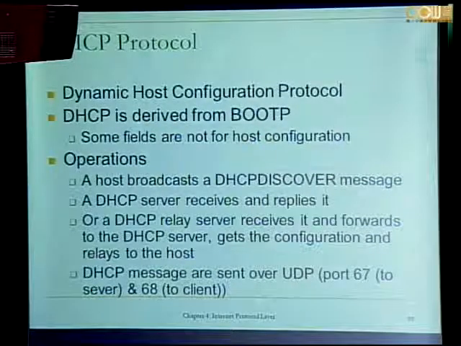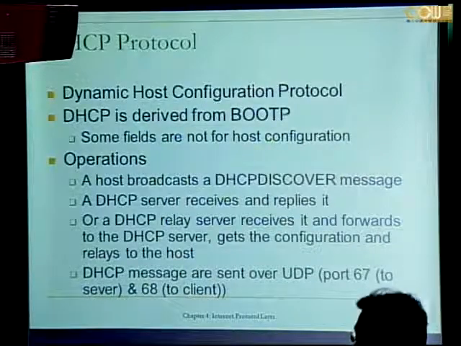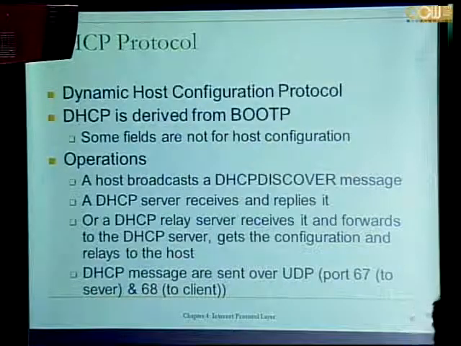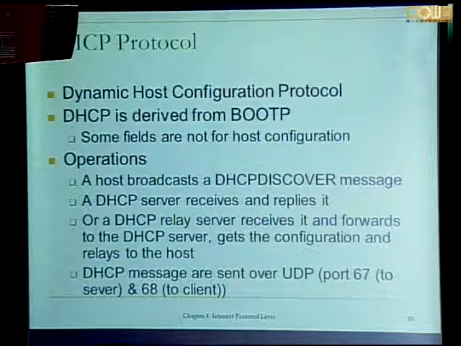Or there might be a DHCP relay server or DHCP proxy. We have mentioned the idea of a proxy. So it could be a relay server or a proxy server that receives it and forwards it to the real DHCP server, then gets the configuration and relays it back to the host.